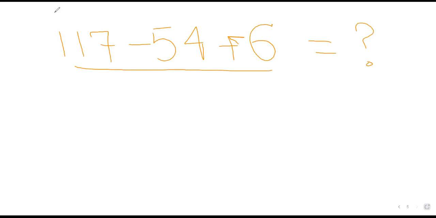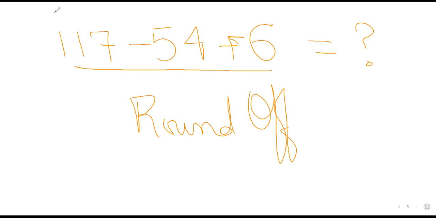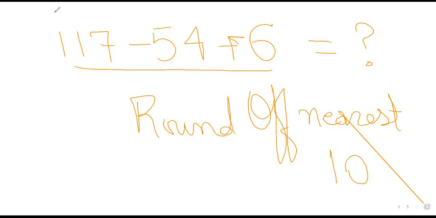And round off the answer to the nearest 10. This question is simple, but you will have to round off the answer to the nearest 10. So what is the answer?